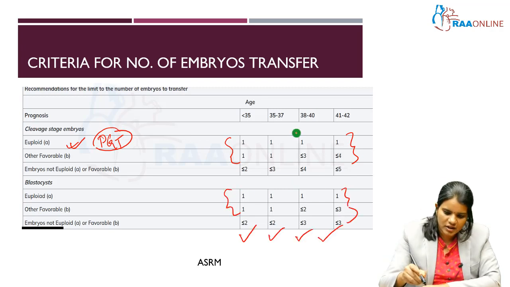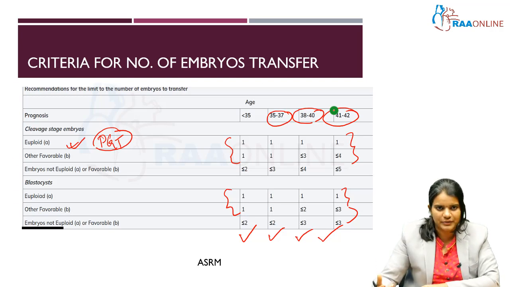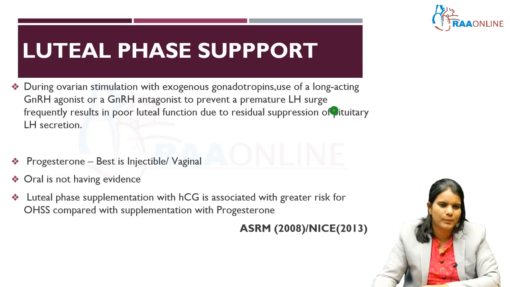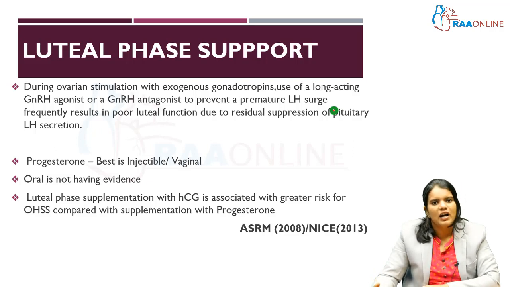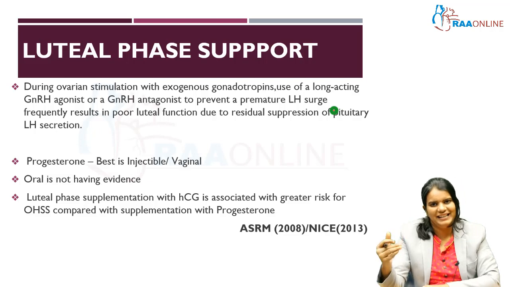But if the conditions are not favorable or the age is increased, then we will transfer 2 or 3 blastocysts depending on the age. Now, after the embryo transfer, we give progesterone, which is called the luteal phase support. That is because after the stimulation, there are multiple follicles and high levels of E2 that will cause poor sustainability of the corpus luteum because of residual suppression of pituitary LH secretion.